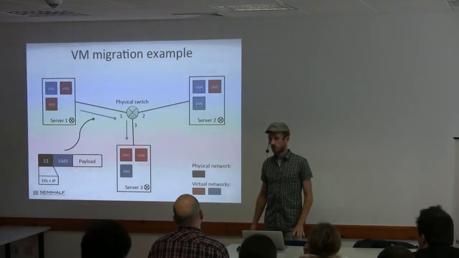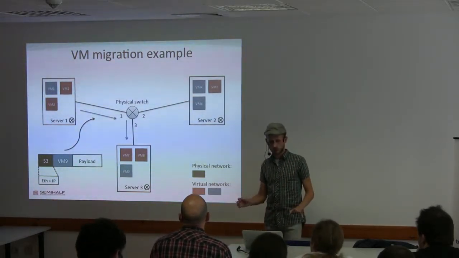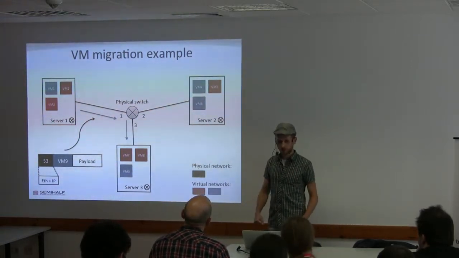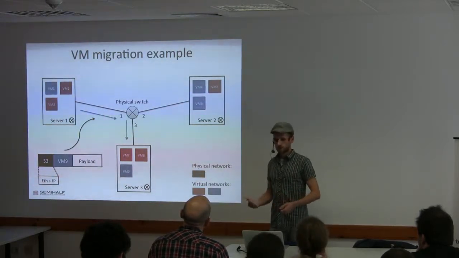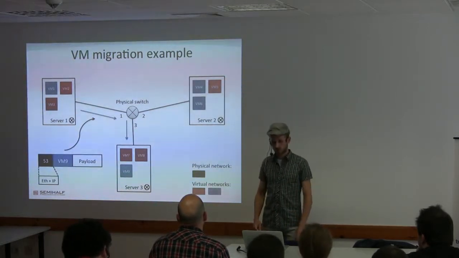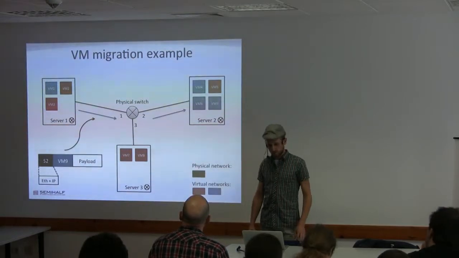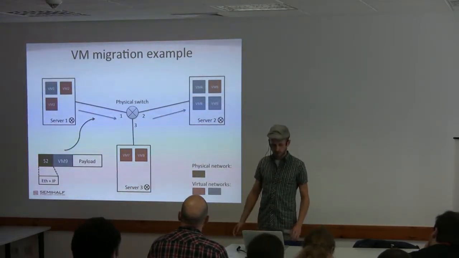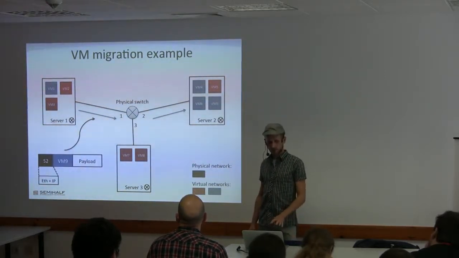This is just an Ethernet and IP network, so once the physical server was connected to the network, the switch learned using ARP which servers are where, so it knows on which port to put packets. And when the VM migrates from server 3 to server 2, we still have the same VM.